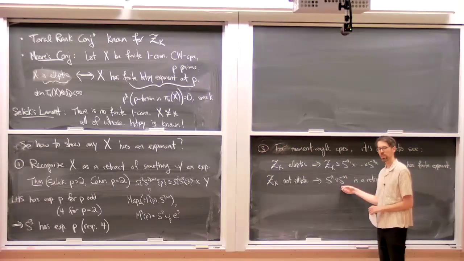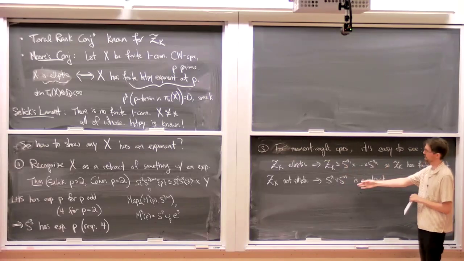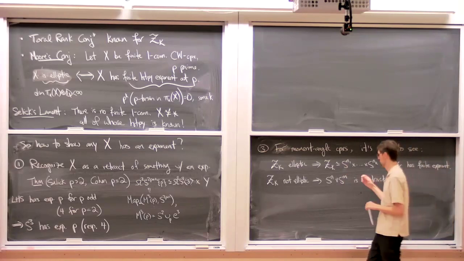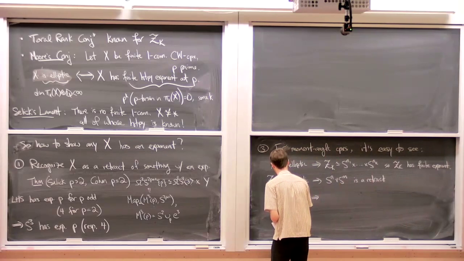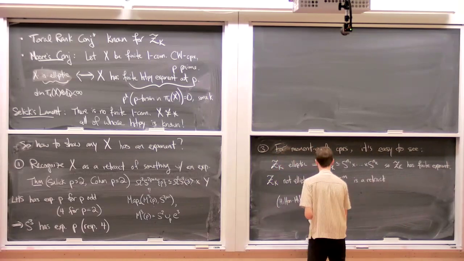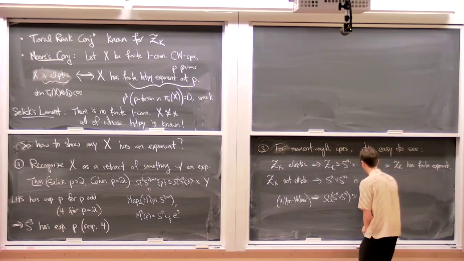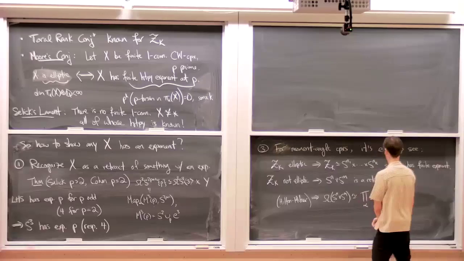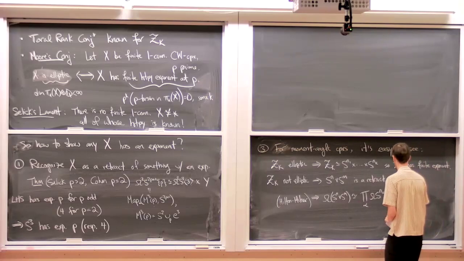And a wedge of two spheres, at least one of them being of dimension greater than 1, is a prototypical example of a space that does not have a homotopy exponent, because here the Hilton-Milnor theorem kicks in and tells you that the loop space on a wedge of spheres has the homotopy type of an infinite product of loop spaces of spheres, where the dimensions of these spheres get arbitrarily big.